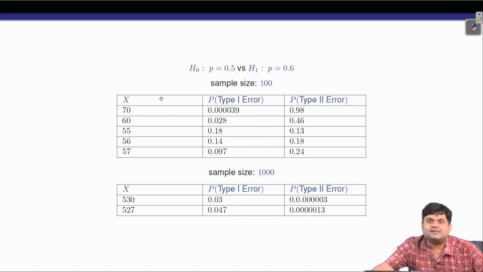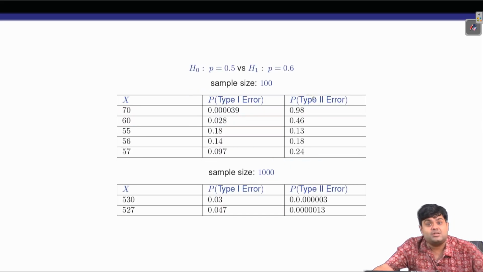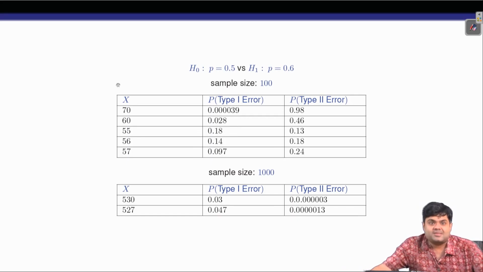Look at this, proportionally 70 out of 100 is the same as 7 out of 10. Probability of type 1 error is so little, but type 2 error is unfortunately bigger. You can calculate these using binomial probabilities. For now, instead of concentrating on the calculation of binomial coefficients, see the pattern.